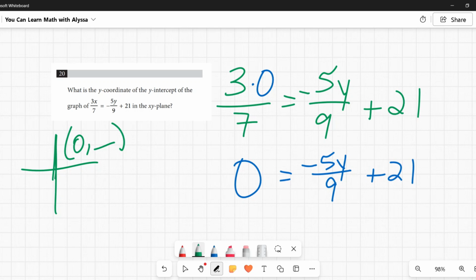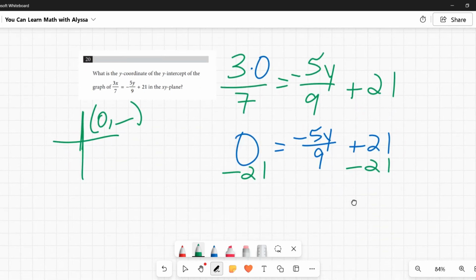So I need to solve for y, so I might subtract 21 from both sides to get rid of that little 21. On the left, I will now have a negative 21, and on the right, negative 5y over 9. Now, y here has been multiplied by negative 5, then divided by 9. I need to undo that, so I'm going to undo that divide by 9 to multiply by 9.